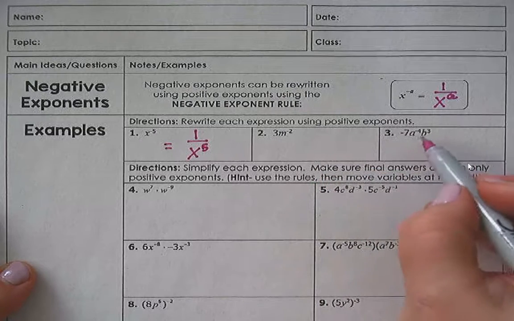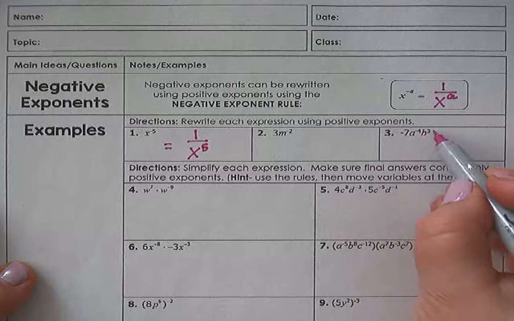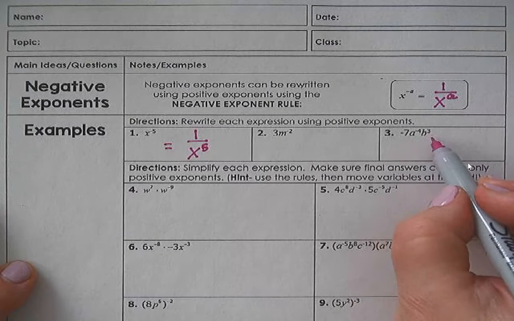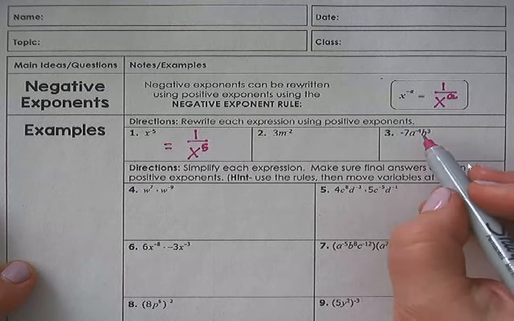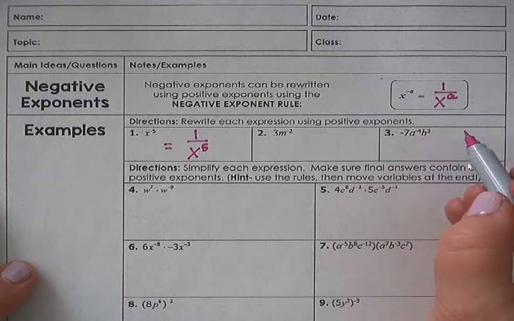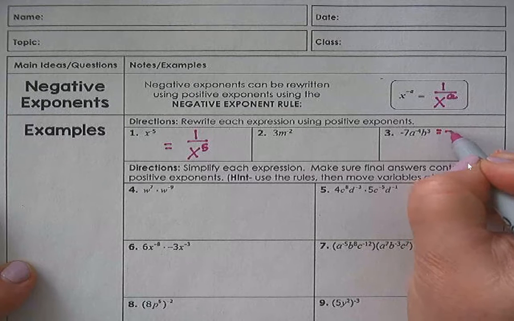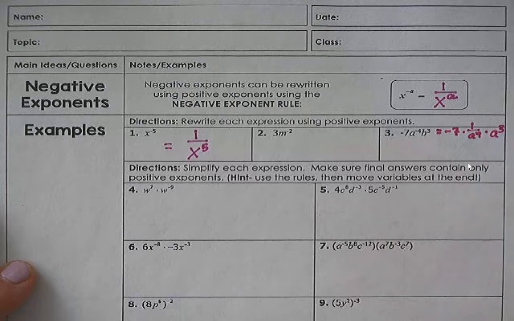Number 3 says negative 7, a to the 4th, a to the negative 4th, b to the negative 3. The only part of this expression that has a negative exponent is the a value. So that is the only part that gets reciprocated. So you can think about this as negative 7 times 1 over a to the 4th power times b to the 3rd power.